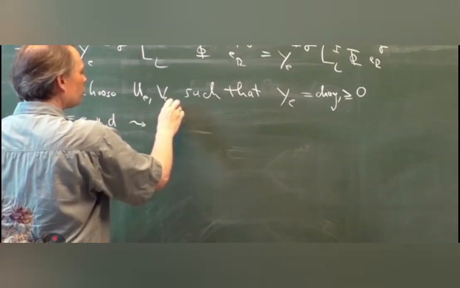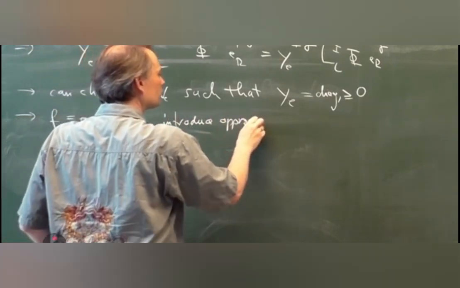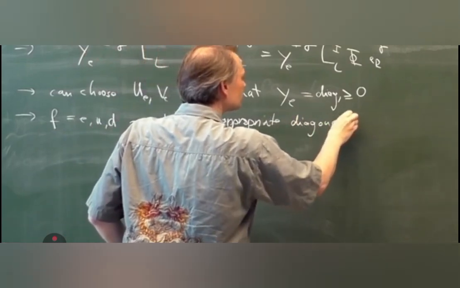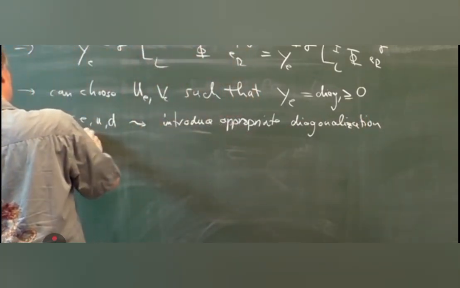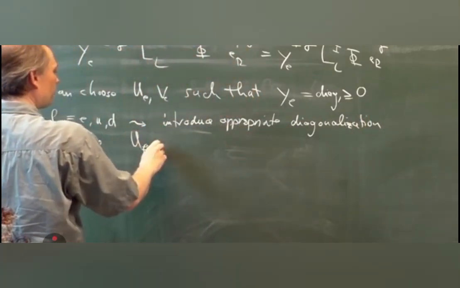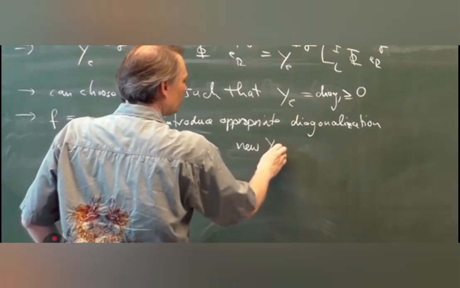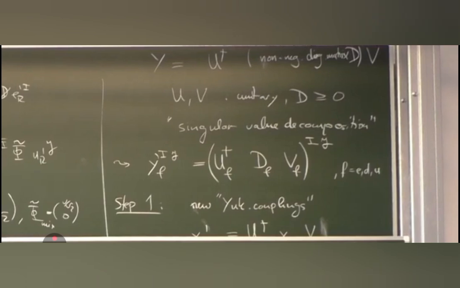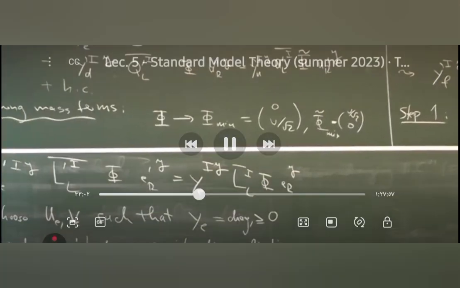We introduce appropriate diagonalization matrices UF and VF, new Yukawas and new fields, and then we obtain that our Yukawa Lagrangian becomes the following.